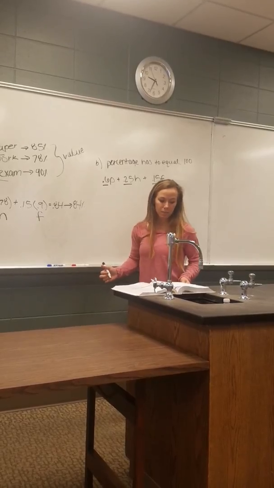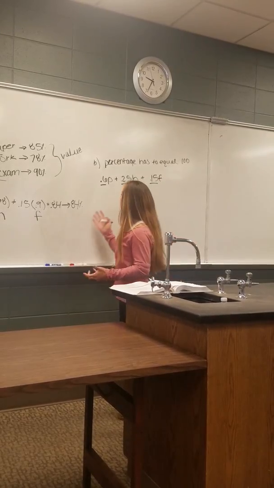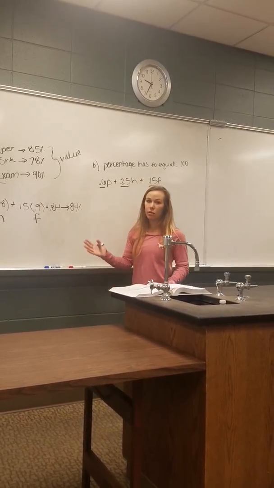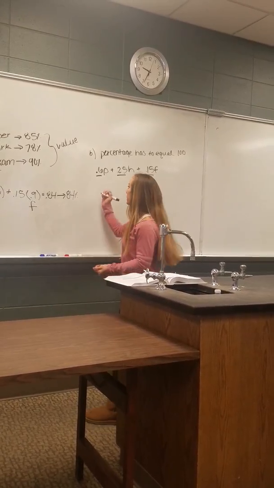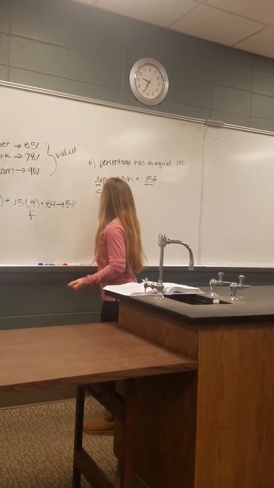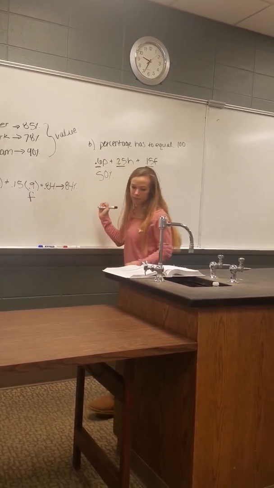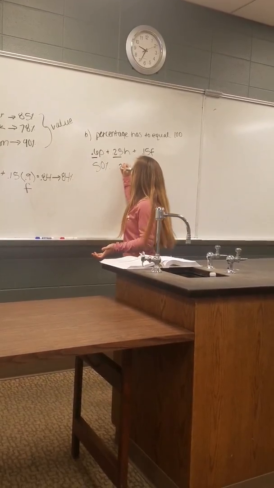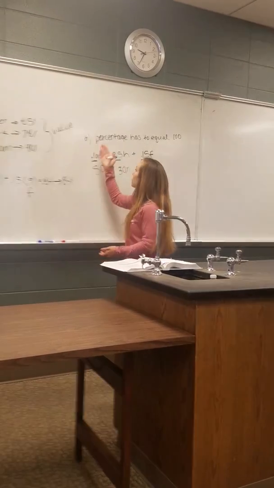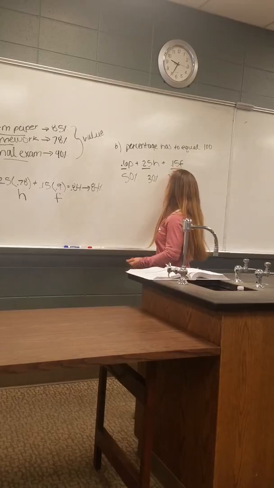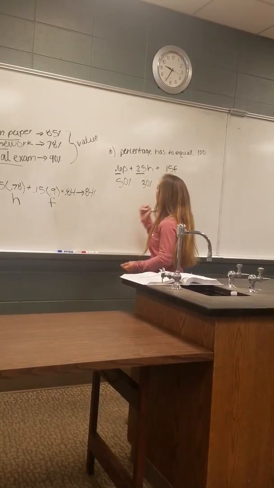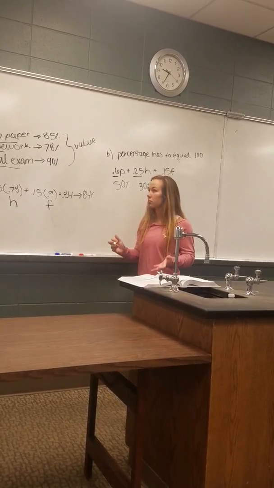So now, if we want to make any algebraic expression, we could change the coefficients just as long as they all add up to 100. So if we wanted the term paper to be worth 50% and the homework to be worth 30%, then once again they just have to equal 100. So the final exam could be worth 20%, and we're just changing the coefficients.